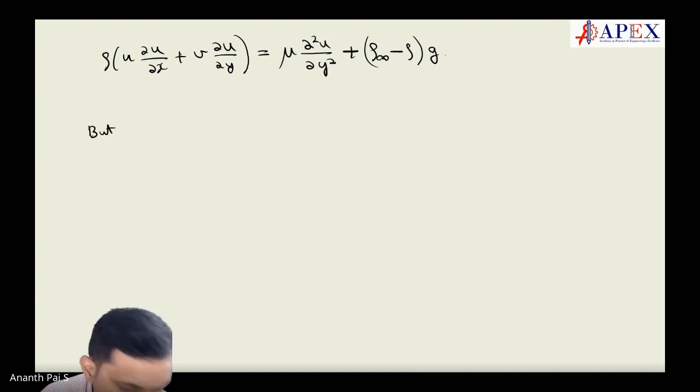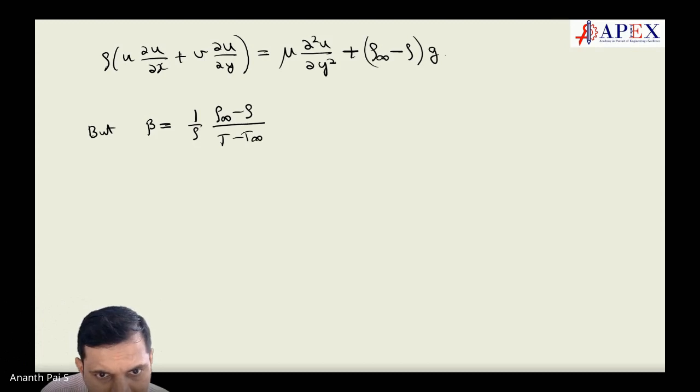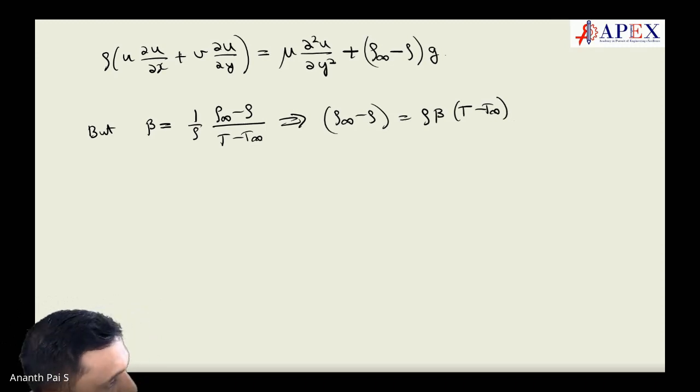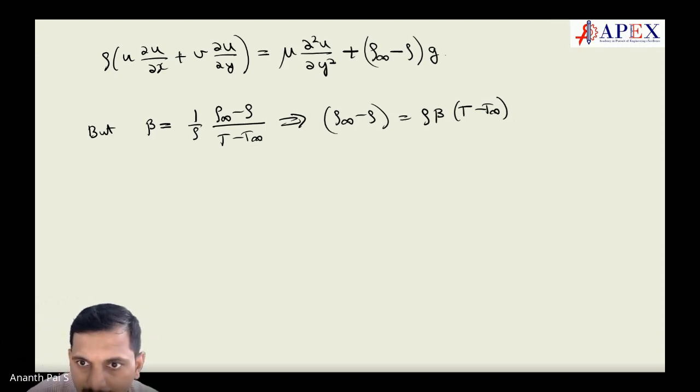But beta is equal to 1 by rho into rho infinity minus rho divided by t minus t infinity. Is it not? Yes or no? This implies that my rho infinity minus rho is actually equal to rho into beta into t minus t infinity. I can see that. Substituting in equation D.